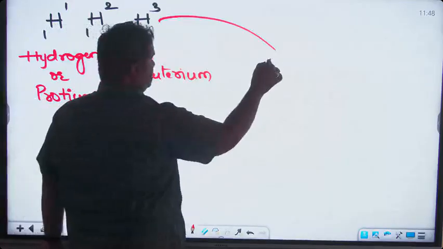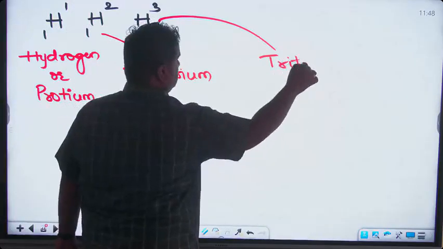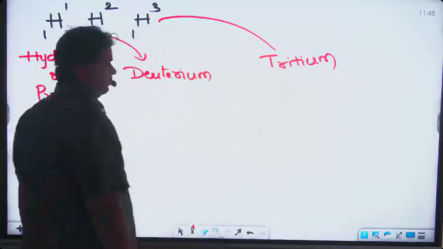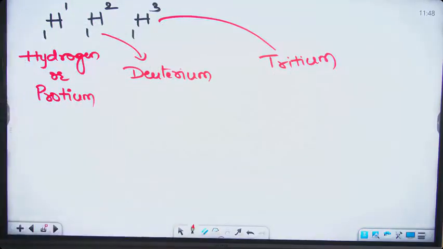And 1H3 is also known as tritium. Protium, deuterium and tritium.